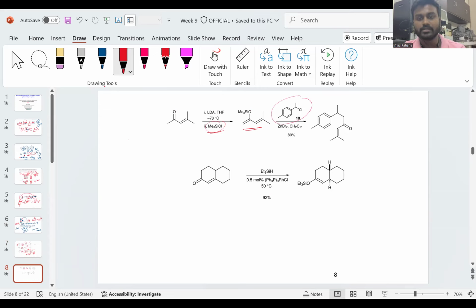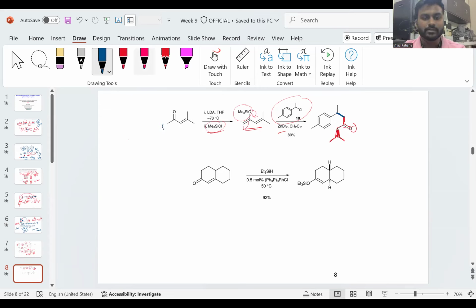In this case we have ZnBr2 and the source of electrophile. This ZnBr2 cleaves this O-Si bond, and it forms an enolate. This enolate then goes here and attacks the benzyl bromide. So you can see here, this was our initial starting material, and we have formed this new carbon-carbon bond here, right?